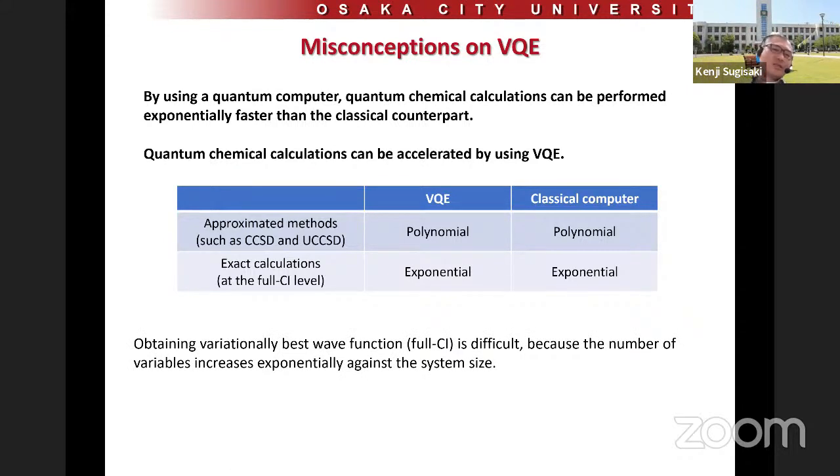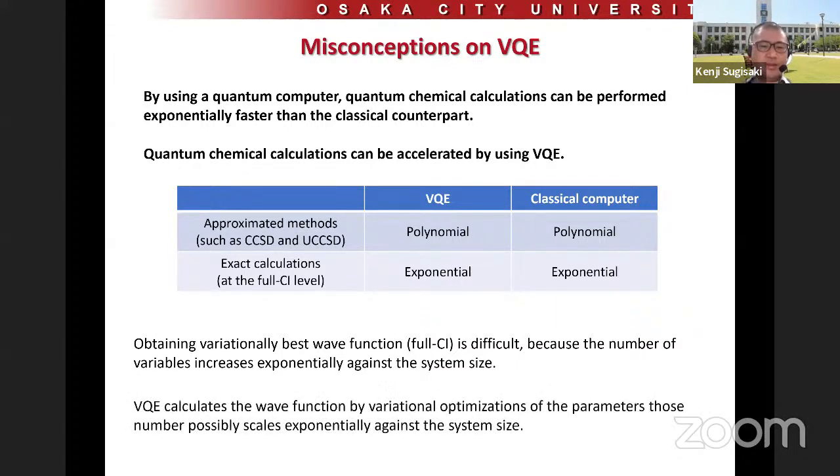Let's think from the beginning about why quantum chemical calculation is very difficult on classical computers. Obtaining the variational-based wave function, namely full CI, is very difficult because the number of variational parameters increases exponentially against the system size. And VQE calculates the wave function by variational optimization of the parameters.